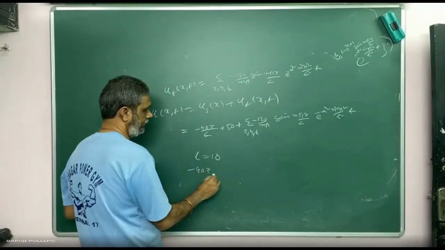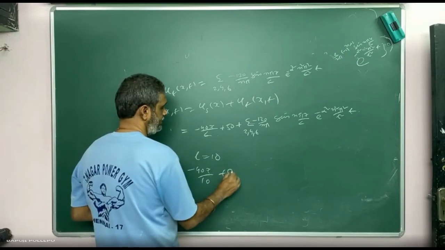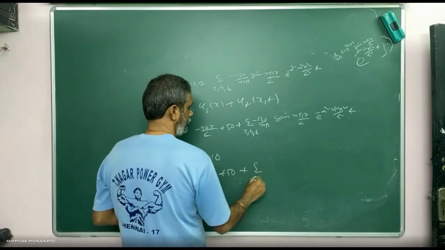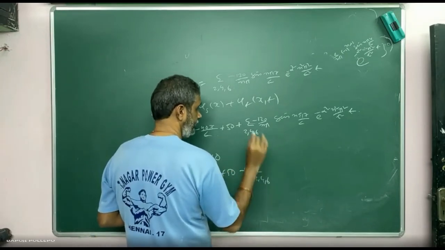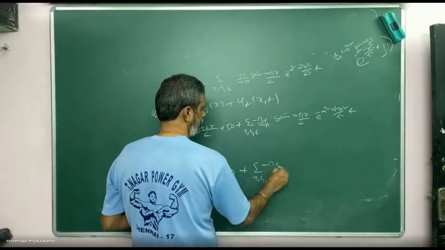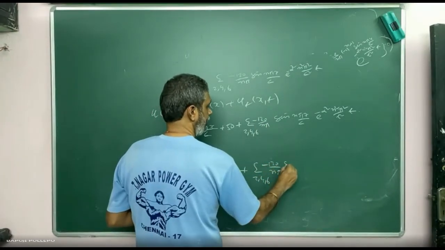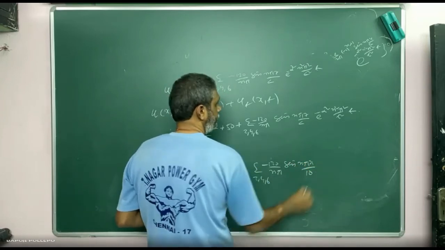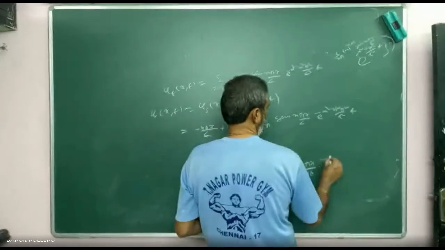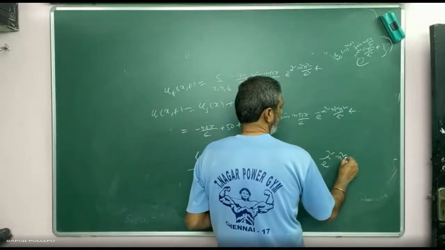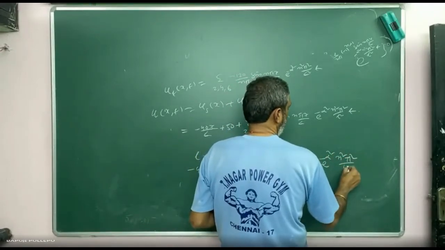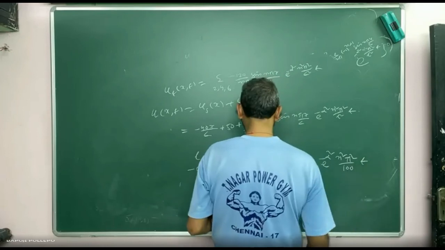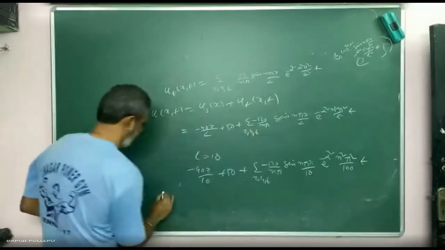Minus 40x by 10 plus 50 plus the sum over 2, 4, 6 of minus 120 by n pi sin n pi x by 10 e to the power of minus alpha square n square pi square by 100 into t. Till the last, don't substitute, you will get confused. If you want, you can simplify.